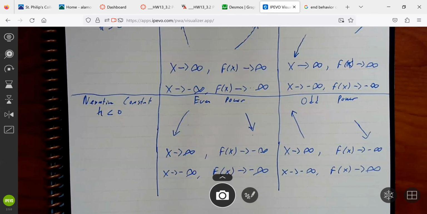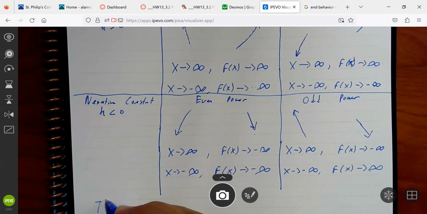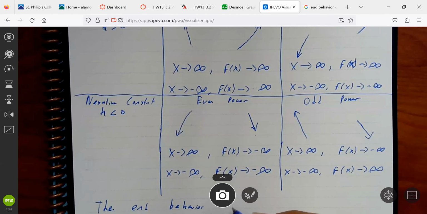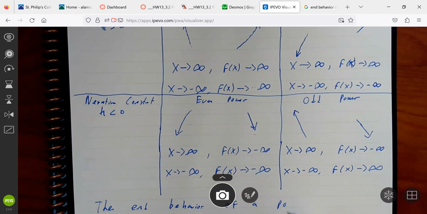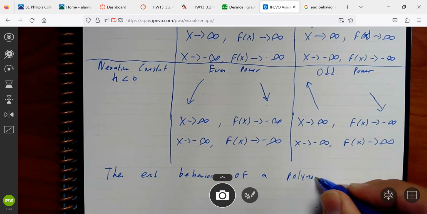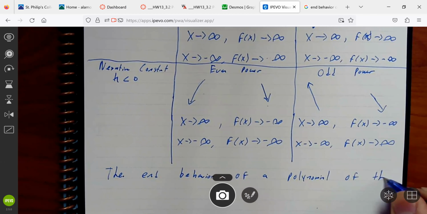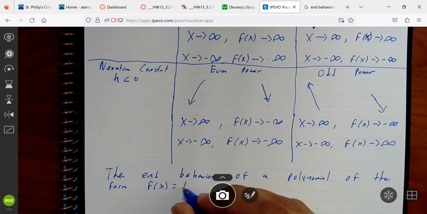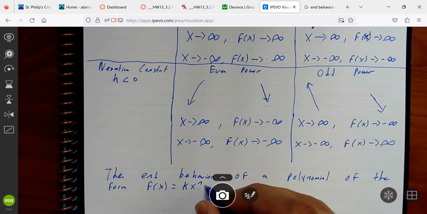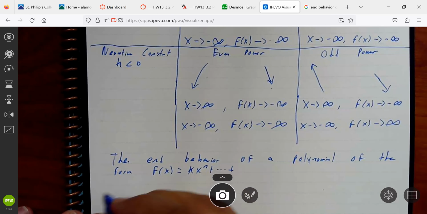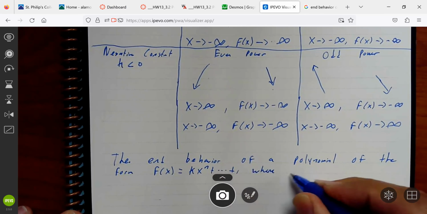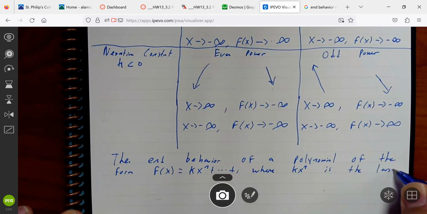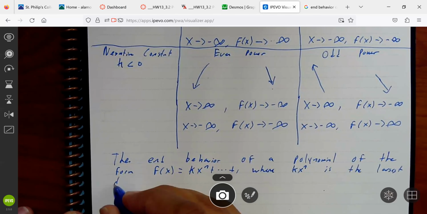We'll call this the end behavior of a polynomial of the form f of x equal to kx to the n plus terms, where kx to the n is the largest degree.